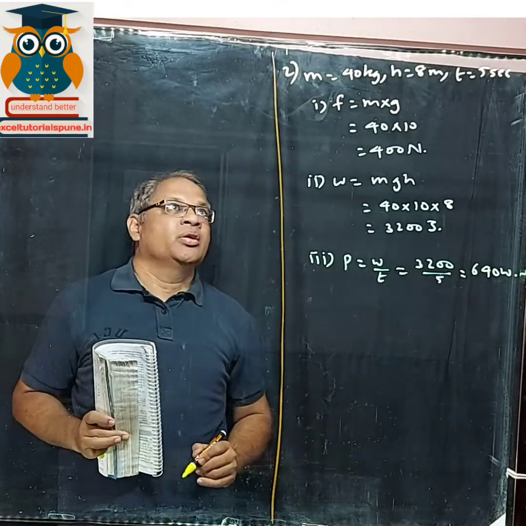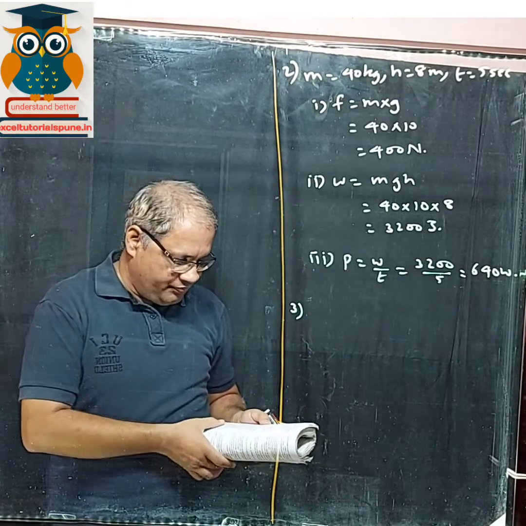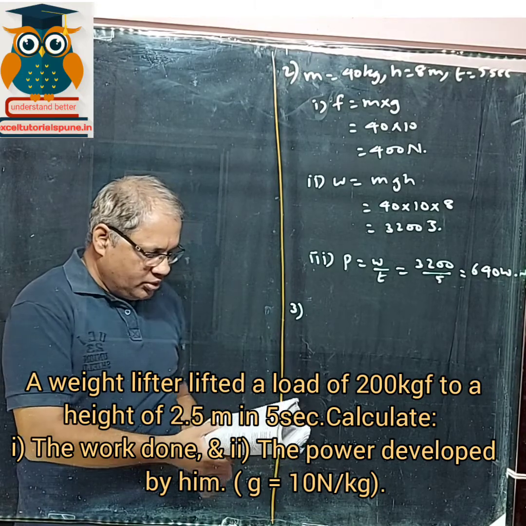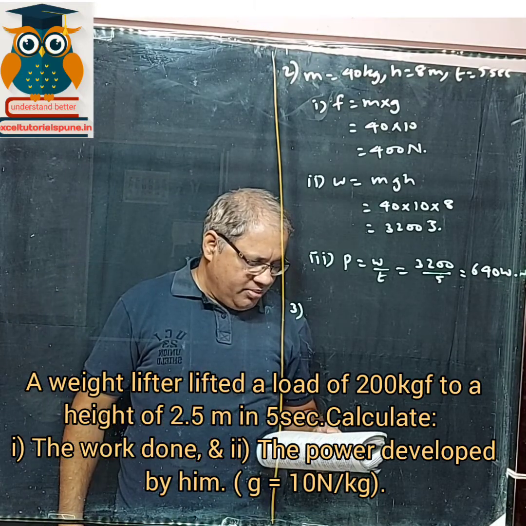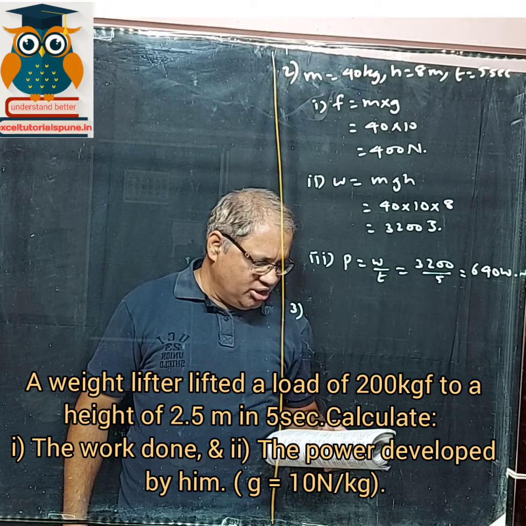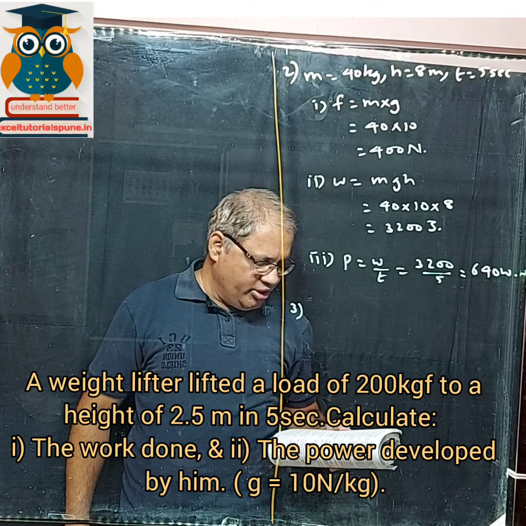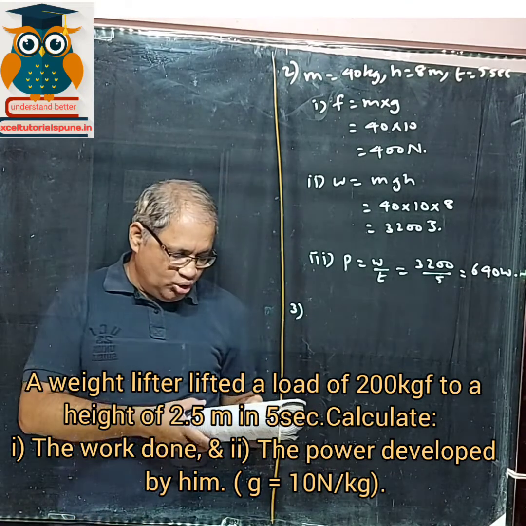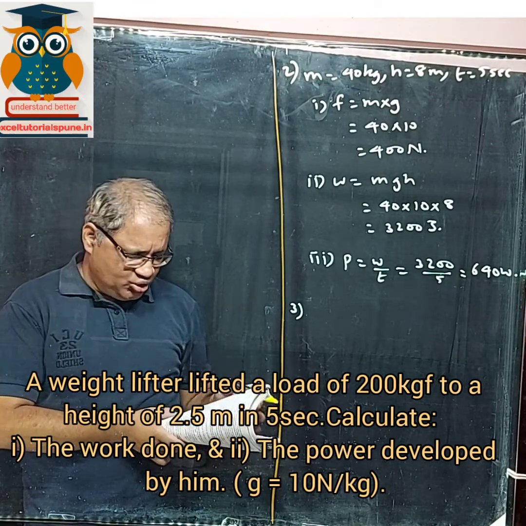Alright. Now after you have understood the second sum, start with the third sum. A man spends 6.4 kilojoules of energy in displacing a body by 64 meter in the direction in which he applies the force, in 2.5 seconds. Calculate the force applied and the power spent by the man. Okay, so over here, G is again given 10 meter per second square.